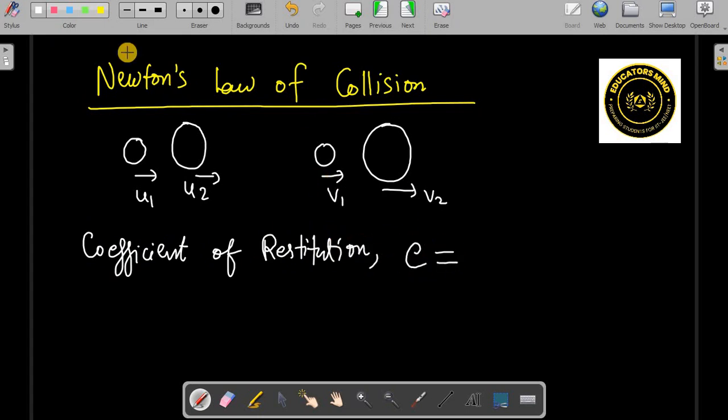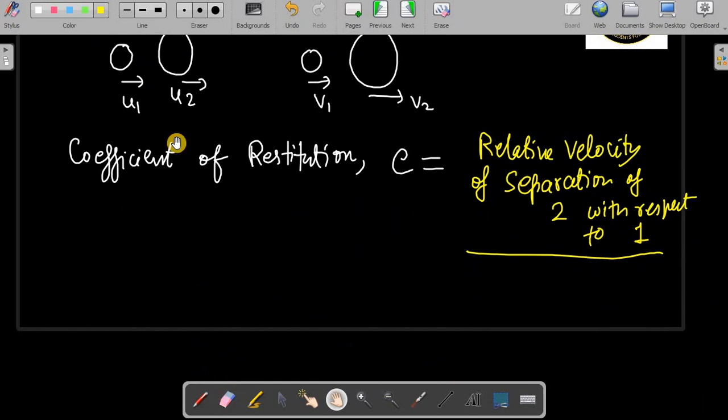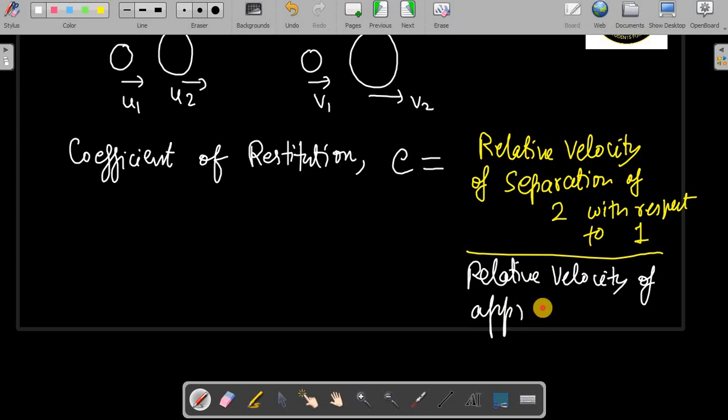Coefficient of restitution is E, and E is defined as relative velocity of separation of two with respect to 1, divided by relative velocity of approach of first body, or 1, with respect to second.